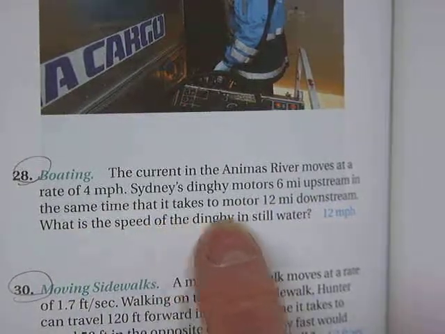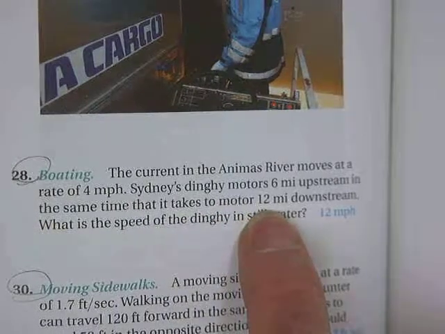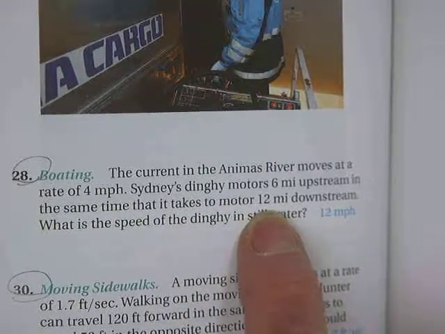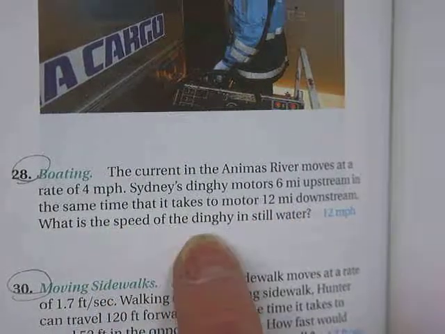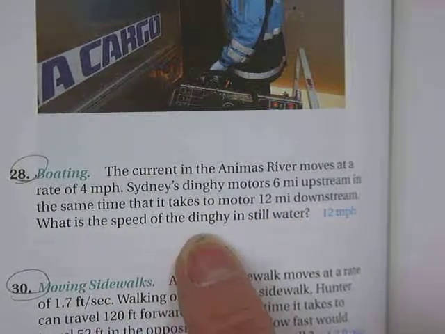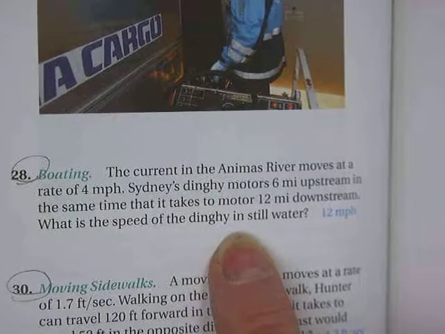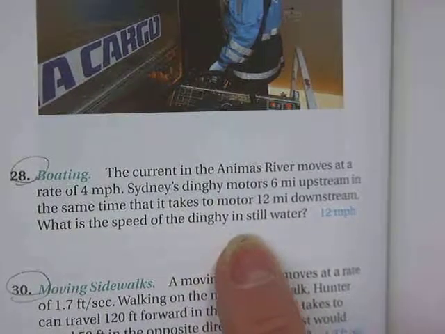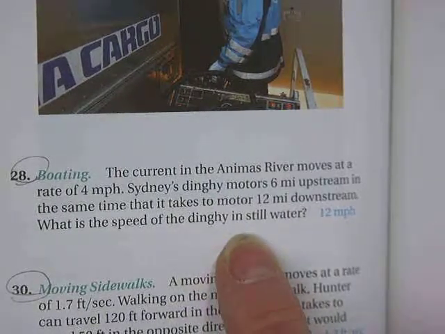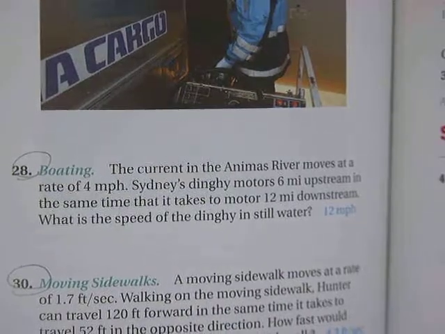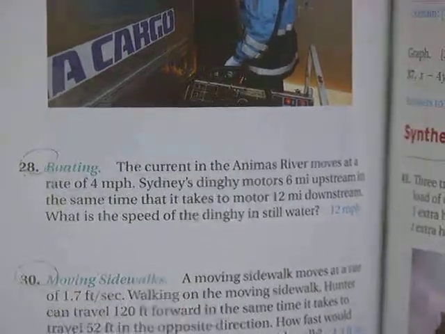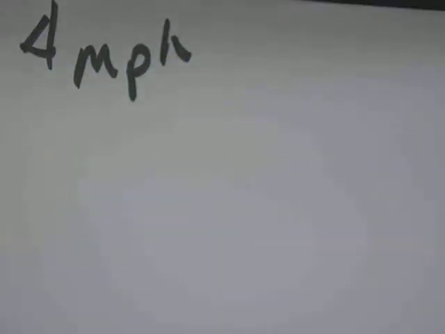I don't know what it looks like, but I know a dinghy's a little boat. Sydney's dinghy motor can go 6 miles upstream in the same time that it takes to motor 12 miles downstream.